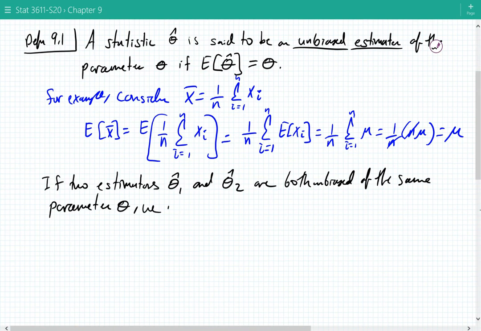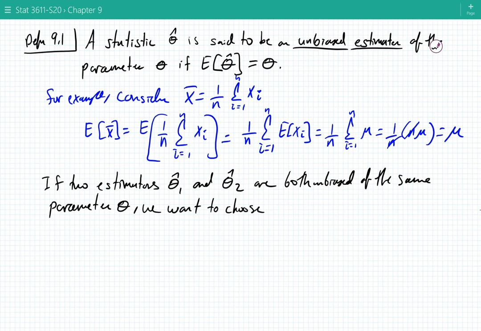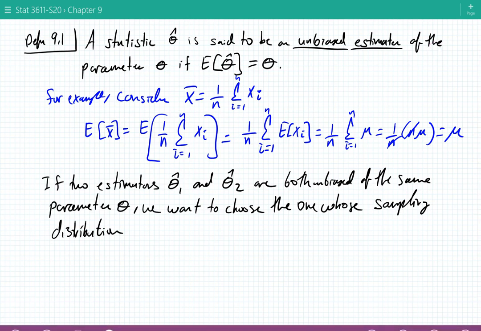Well, sure. I would choose the one that has less variance, right? Want to choose the one whose sampling distribution has less variance.